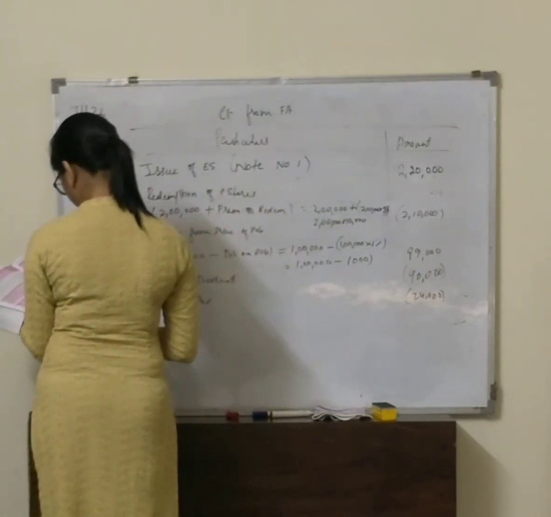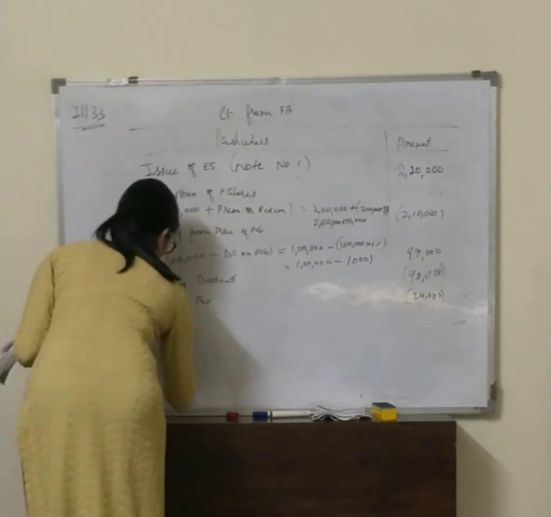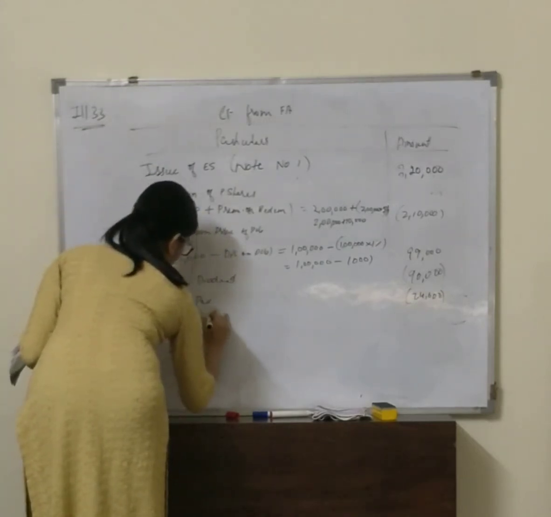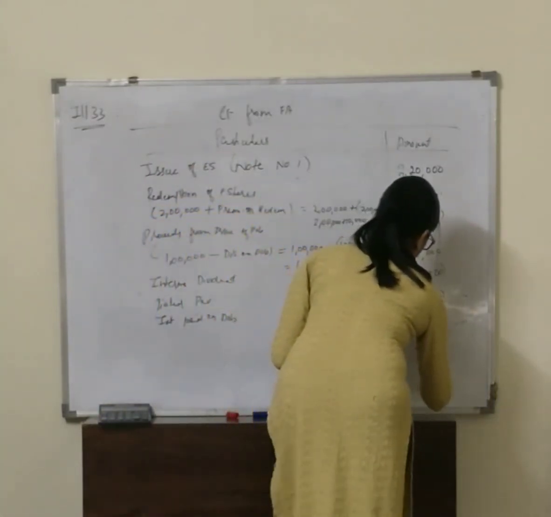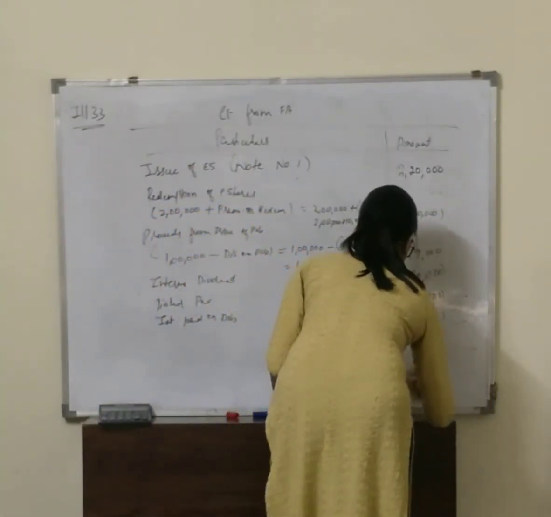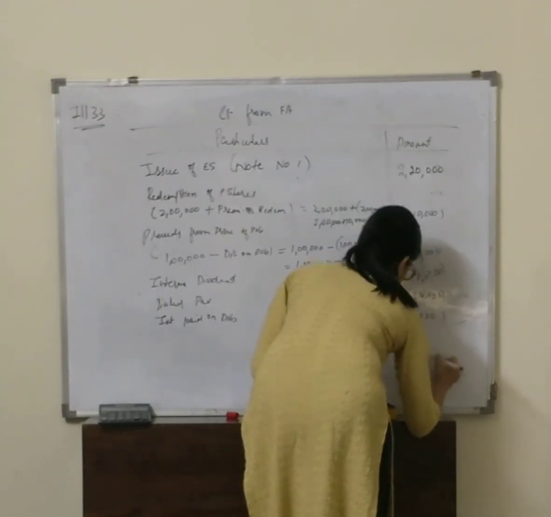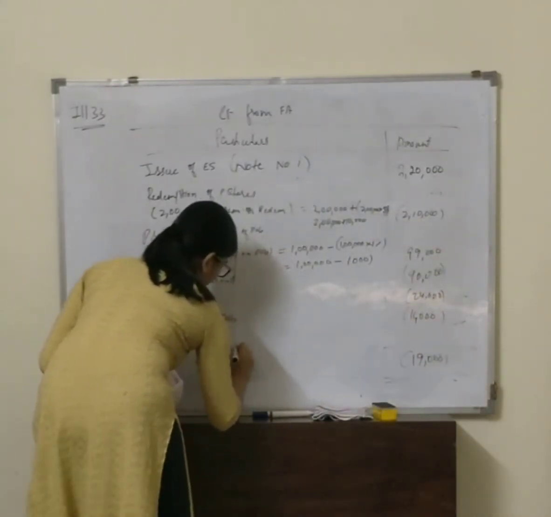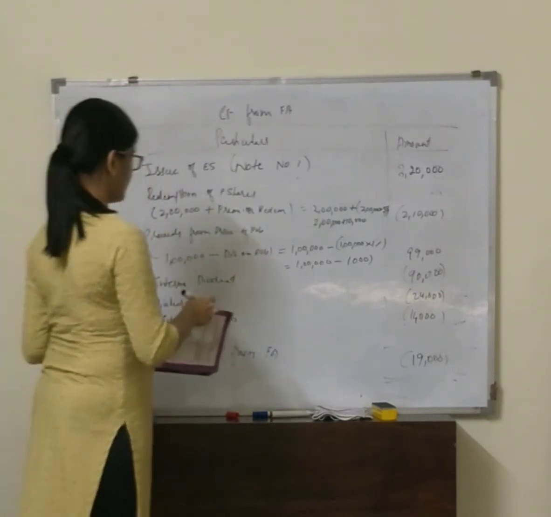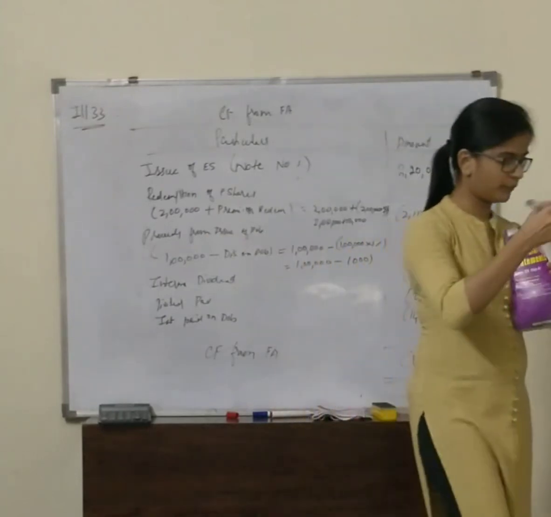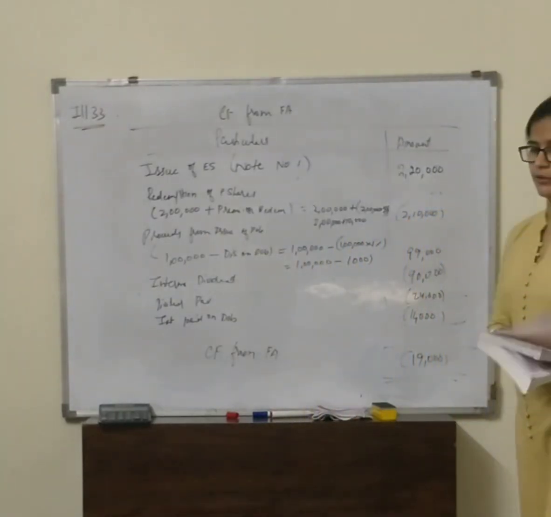Then we have interest paid on debentures, again a negative figure of 14,000. So adding the negatives, we get the total as negative 19,000. This is our cash flow from financing activities. Whatever is an outflow will be a negative figure. Wherever there is an issue of shares or debentures, it will be a positive figure.